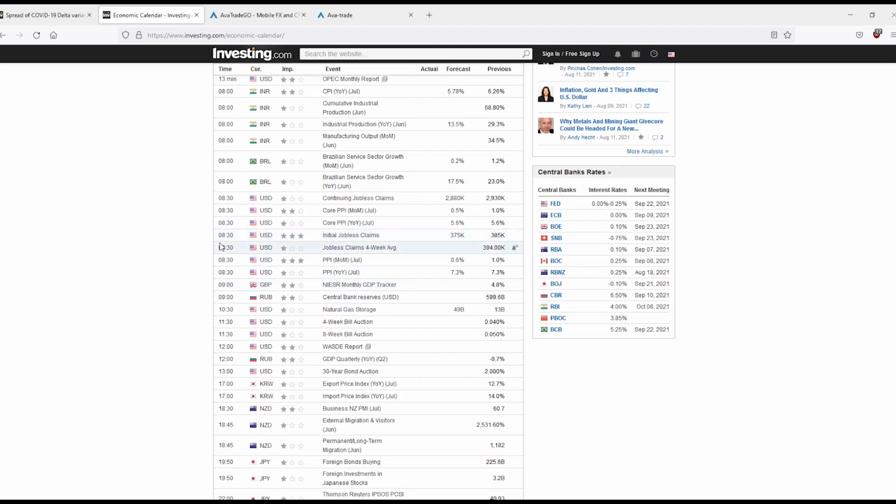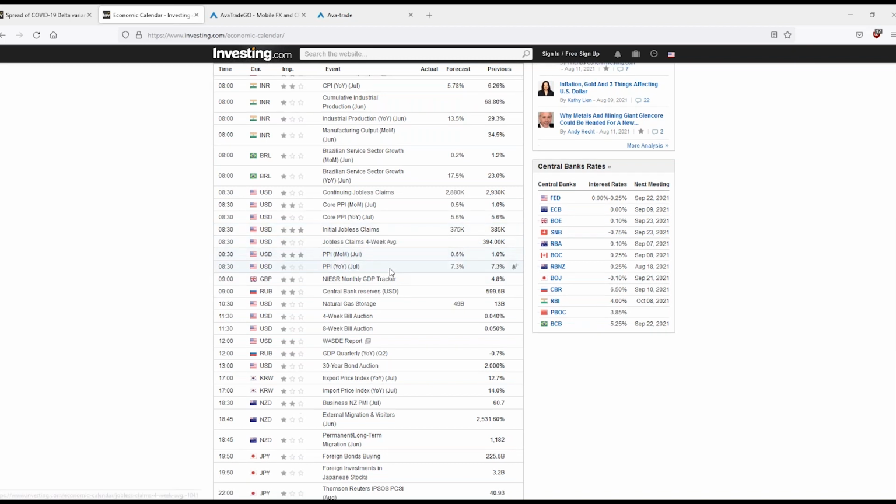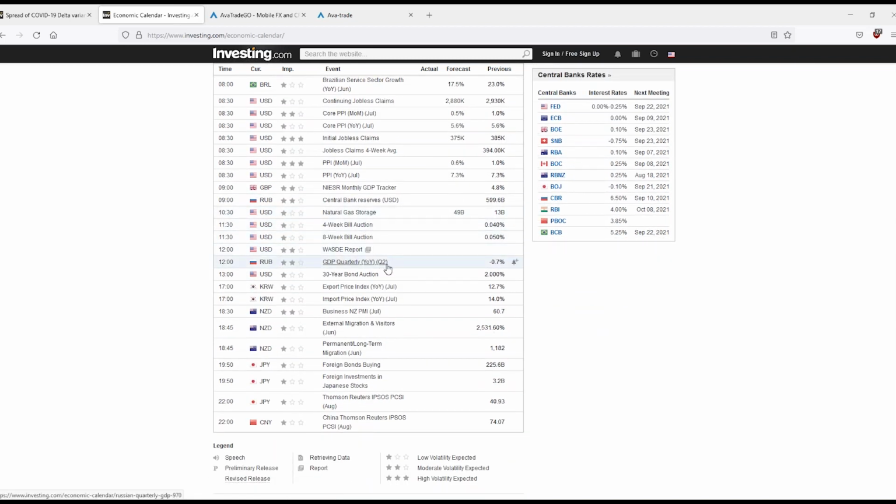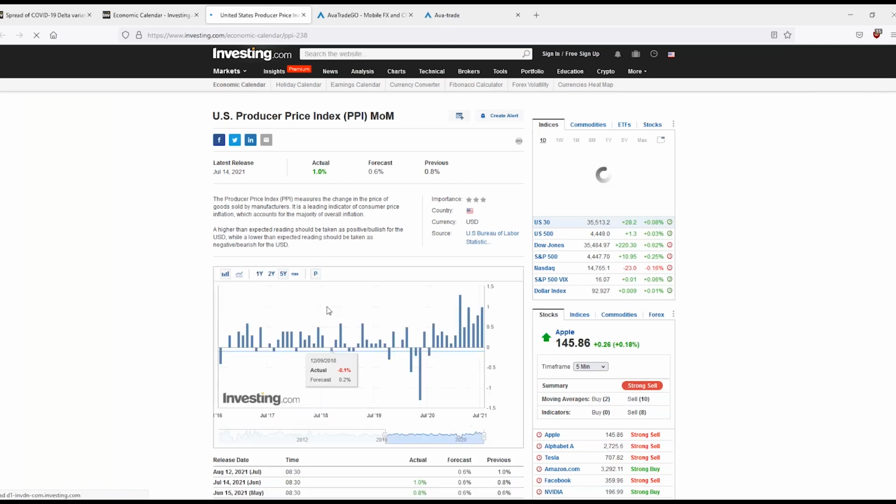So this is what we're talking about. And you might say, well, what are PPI numbers? I don't understand what that means. Click on the announcement here where it says PPI. Click on it. And it tells you the Producer Price Index measures the change in the price of goods sold by manufacturers.